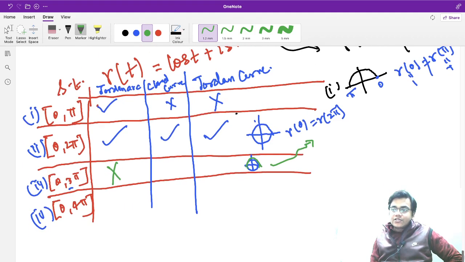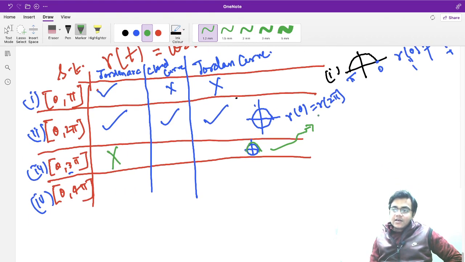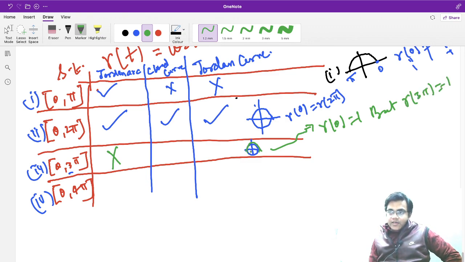Because gamma of 0 becomes 1, but gamma of 3 pi becomes minus 1. Intuitively you may think it's closed, but actually gamma of 0 is not equal to gamma of 3 pi, and that's the reason you shall say it is not closed. And as it is neither a Jordan arc nor closed, it is not a Jordan curve as well.